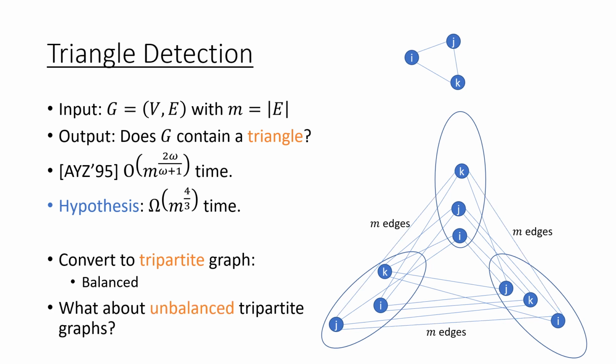Notice that the edges between any 2 sets of the tripartite partition correspond exactly to the edges from the original graph. So between every 2 sets of the partition, there are exactly m edges. We say that such a tripartite graph is balanced. A natural question to ask is whether we can design better algorithms for the case of the tripartite graph being unbalanced.